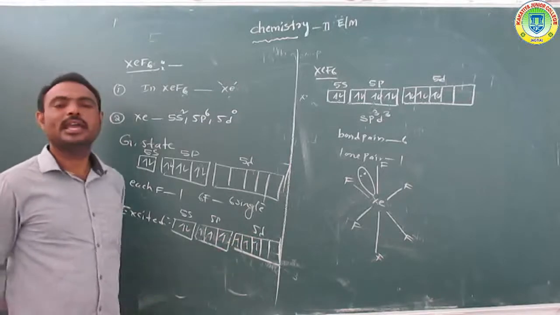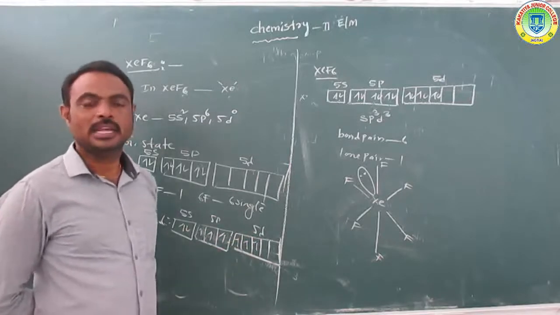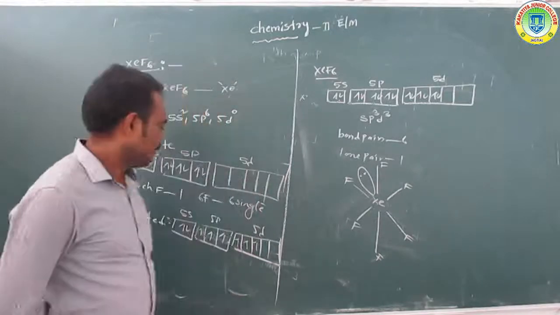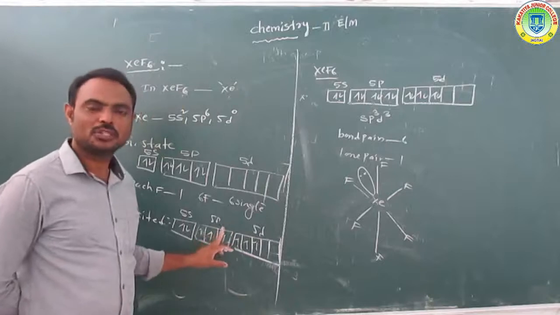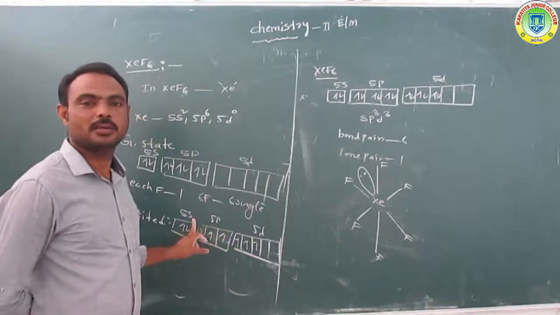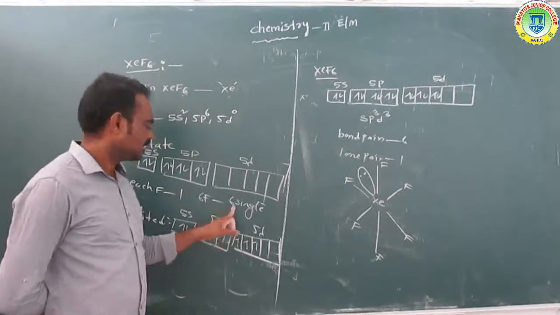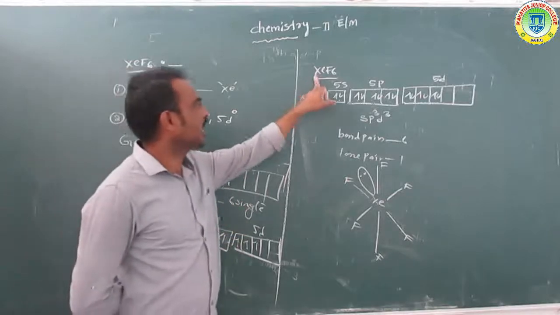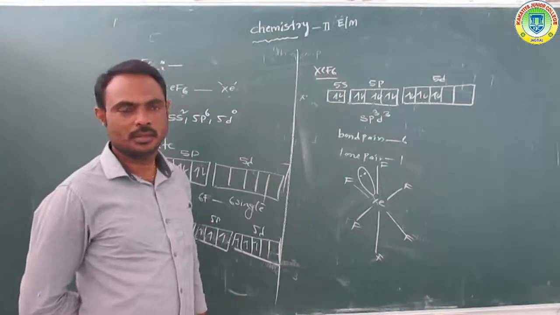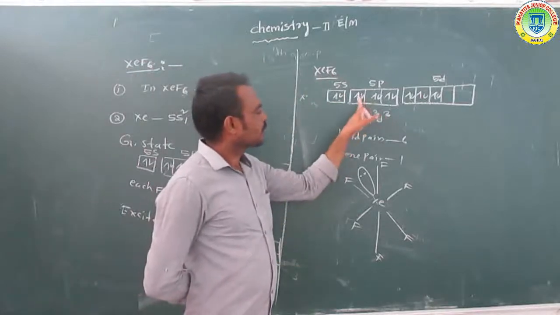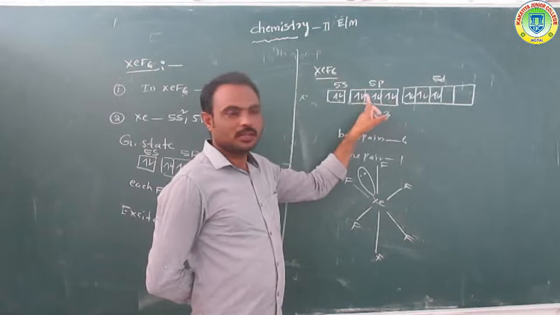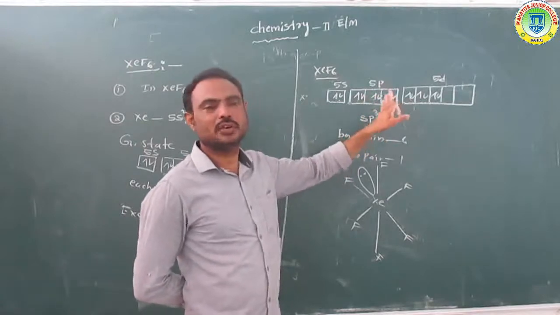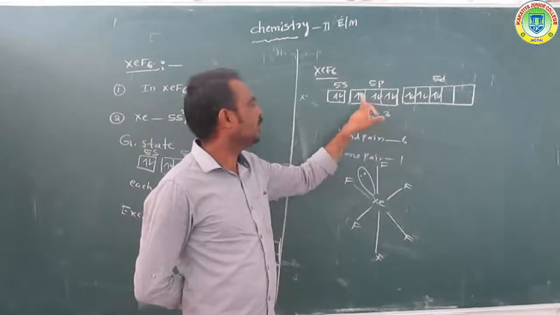So in the third excited state, it contains a total of 6 single electrons. These 6 single electrons of the xenon atom are bonded with 6 single electrons of 6 fluorine atoms to form XeF6.